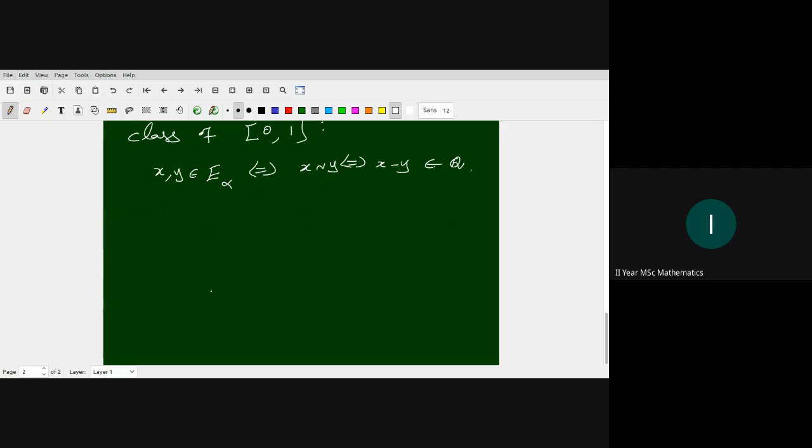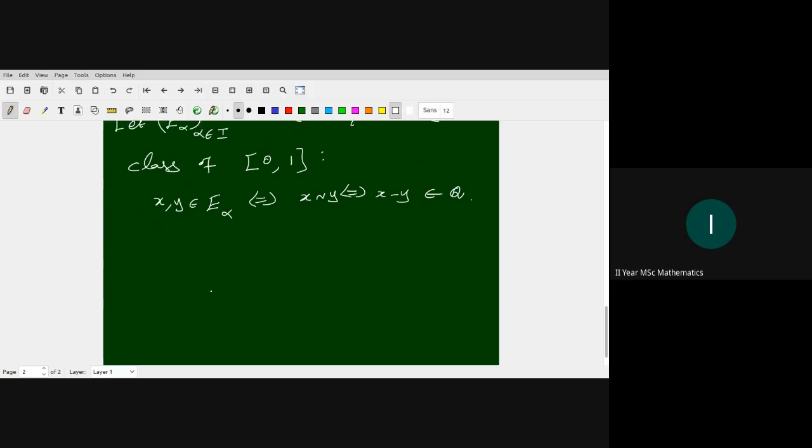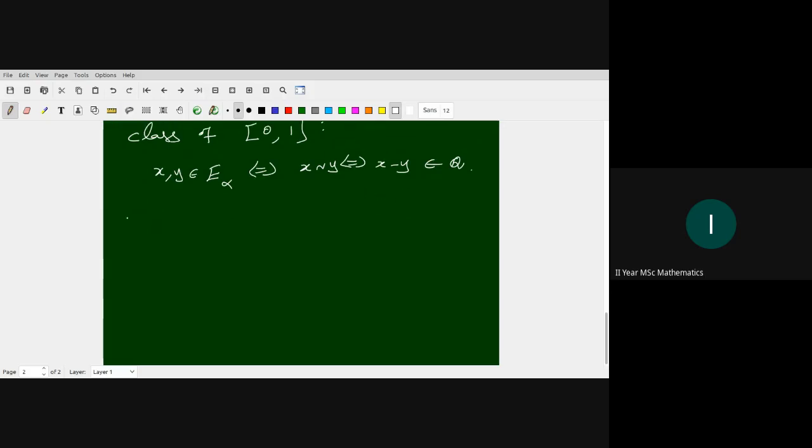Now I want to know whether this E alpha is countable or not. How do you define the relation?